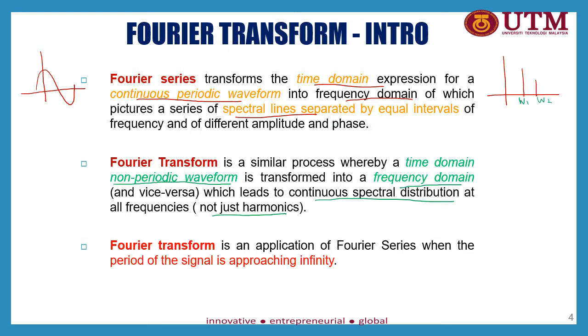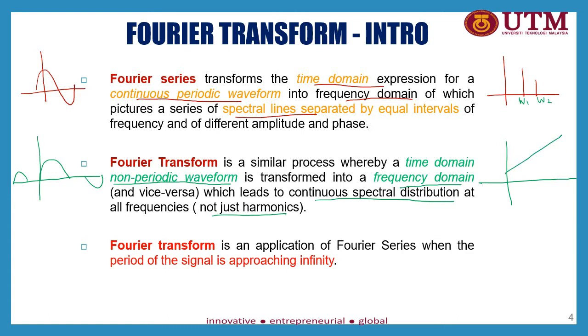Okay, but Fourier transform will transform a non-periodic signal in time domain. For example, you have this and this and somewhere there. Okay, this is for example a non-periodic signal, and the spectrum you have will look something like this.